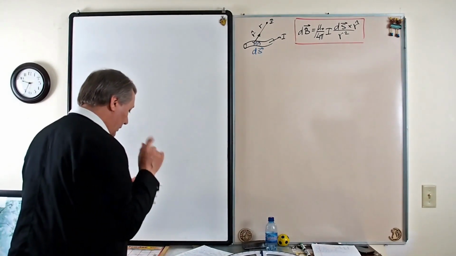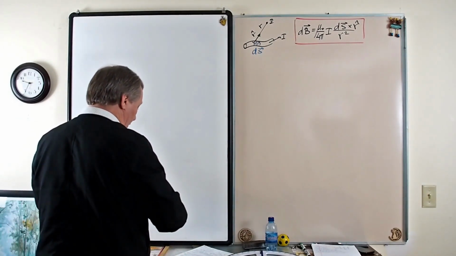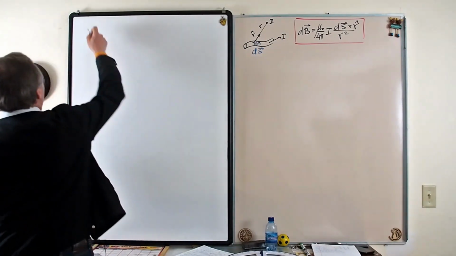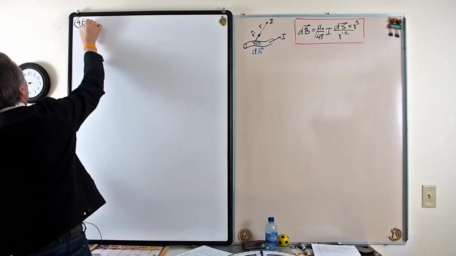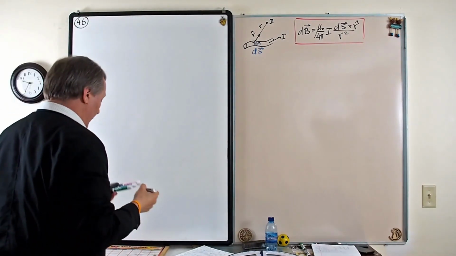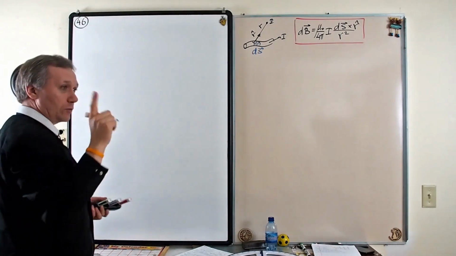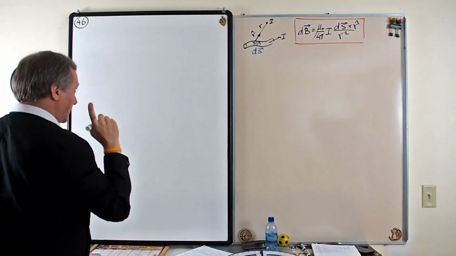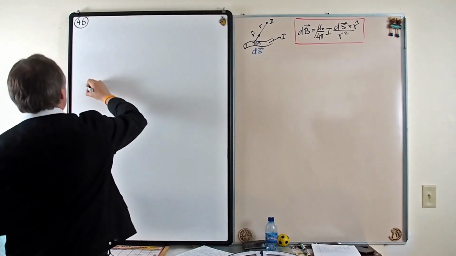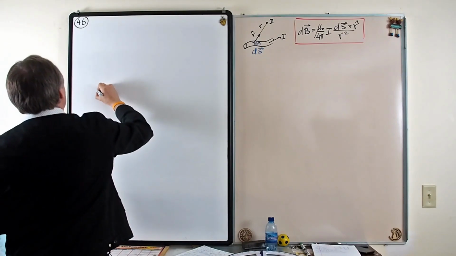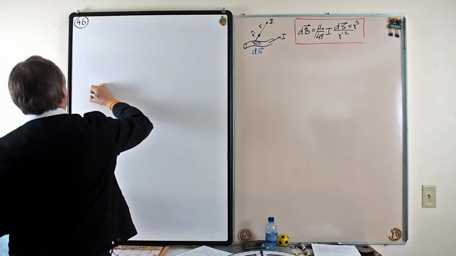Actually, the problem is problem 46 from chapter 29. First of all, I need to draw the wire, and it will be a reasonably complicated picture. So let's do it this way.